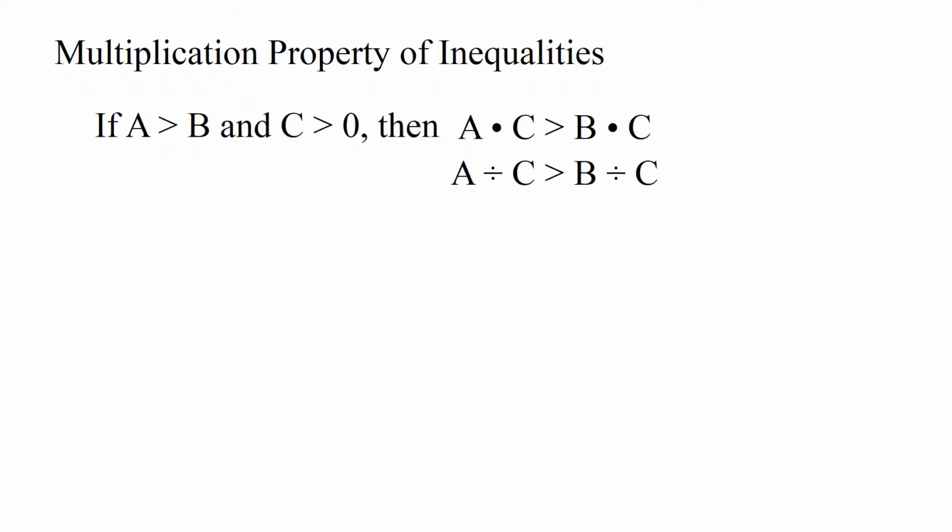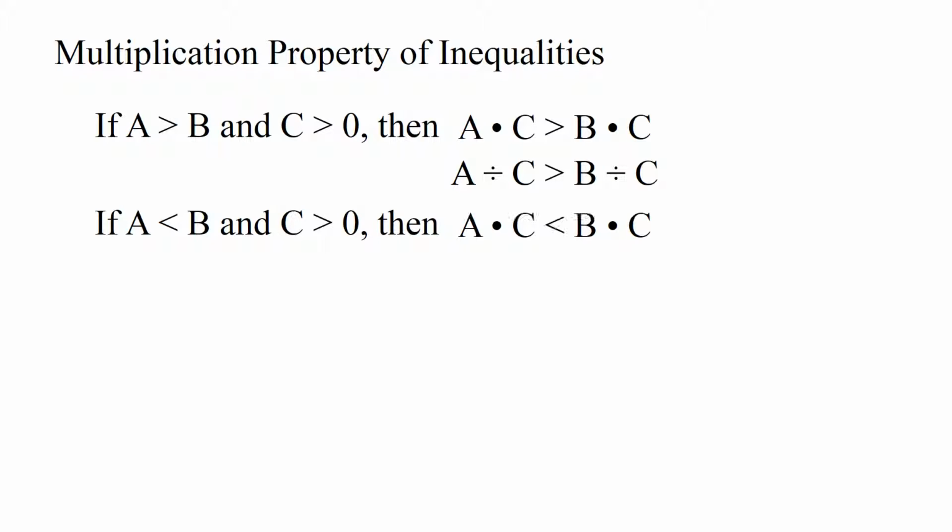Dividing just means multiplying by the reciprocal, so that falls into this multiplication property. If A is less than B, and again, you're multiplying by a number that's positive, greater than 0, then A times C is still less than B times C. So if you multiply by a number that's positive, no change to the inequality relationship.